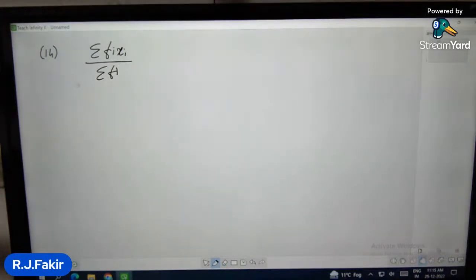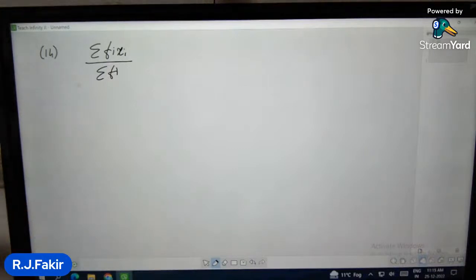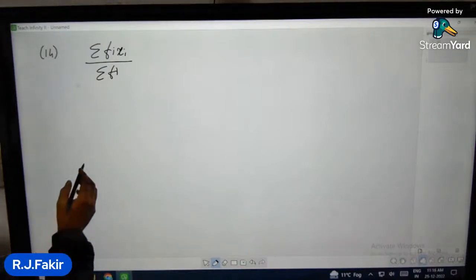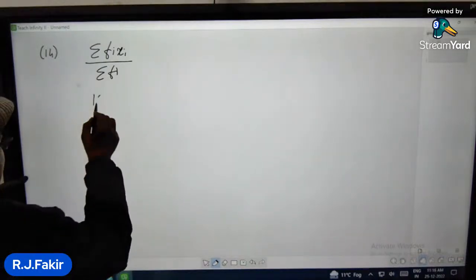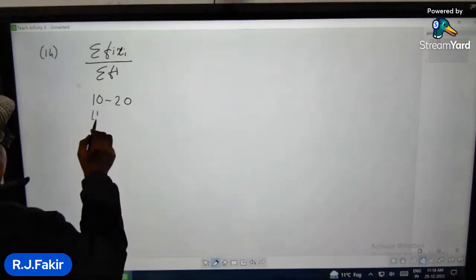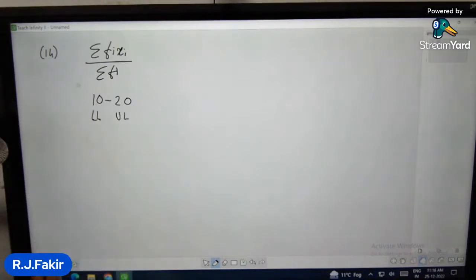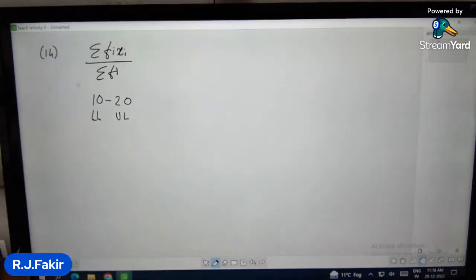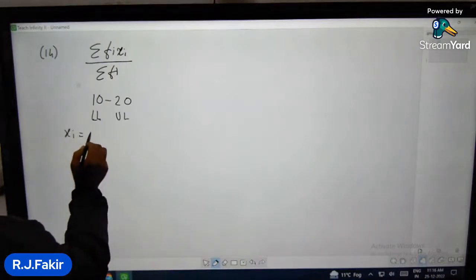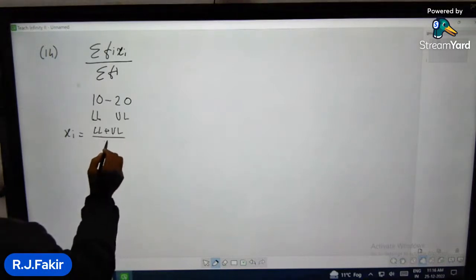Now what does that mean? We take all these frequencies to be concentrated at the class marks of the classes. If I have a class, for example 10 to 20, this is the lower limit of the class, this is the upper limit. So how I find this xi for each class is lower limit plus upper limit divided by 2.